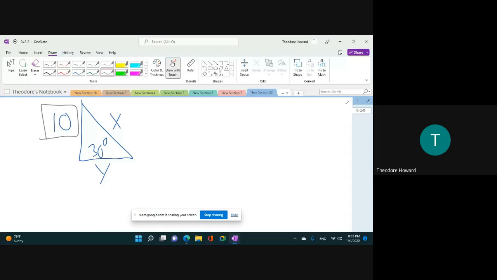So if I double this hypotenuse, what would it be? 20. Yeah, because 10 times 2 is 20. Nice. And then what about this guy right here? Is it 10 square root of 3? Yes, ma'am.